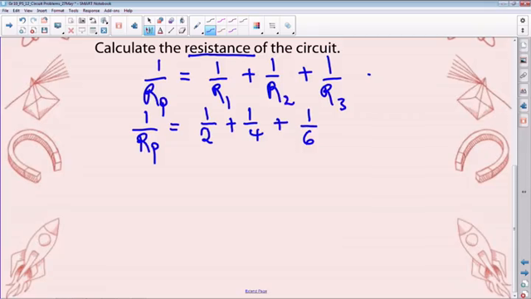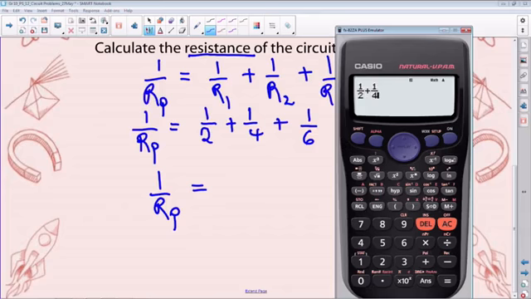Simplifying the right-hand side, this gives us 11 over 12.